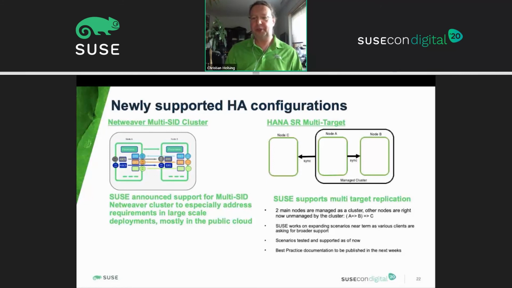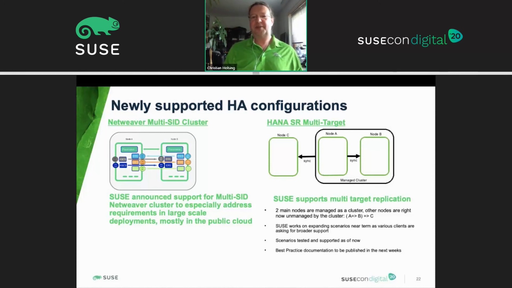Another request that we heard multiple times is basically multi-SID support, which is especially interesting within a cloud-based environment where customers are saying, I'm running a multi-SAP system environment, and the ASCS and the ERS don't have that high requirements. Do I have a chance to basically move multiple SAP SIDs, multiple systems, and consolidate ERS and ASCS on just two machines within a cluster and break the rest out in application servers?